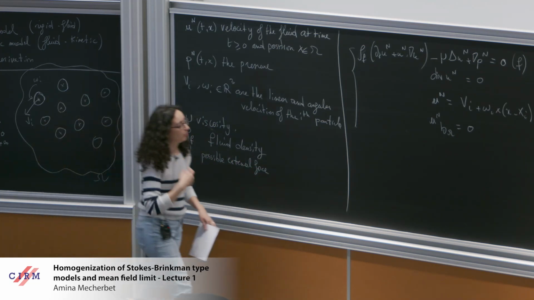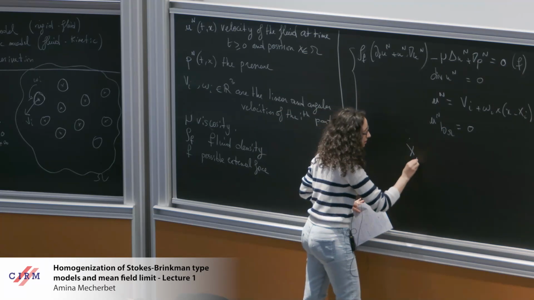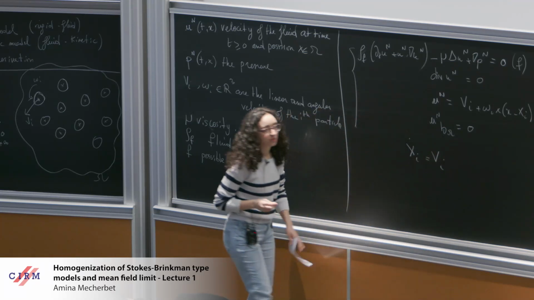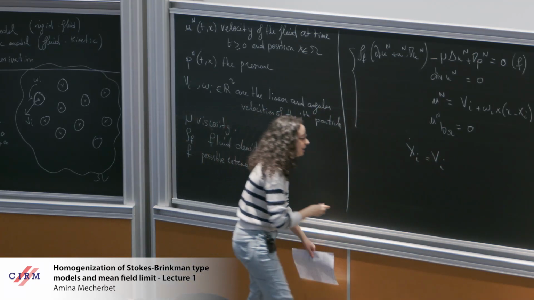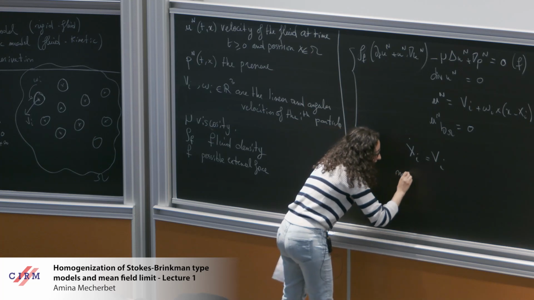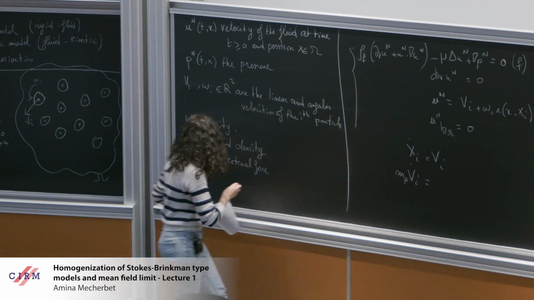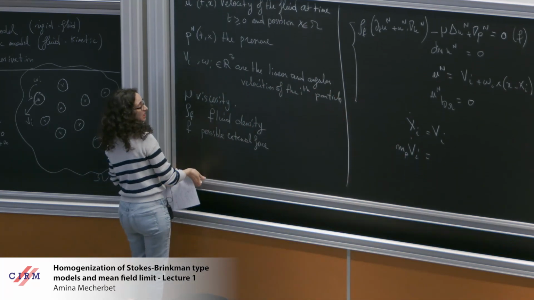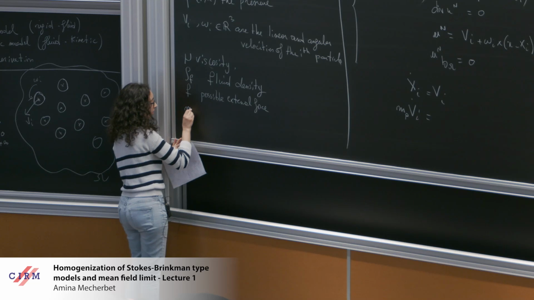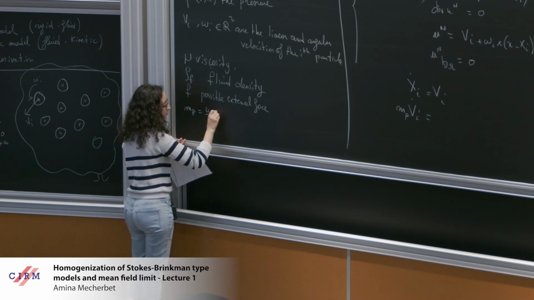And then we couple this to the motion of the particles. The motion of the particle is given by its velocity, and we write the Newton law for each one of the particles. I will call the mass of the ith particle MP.